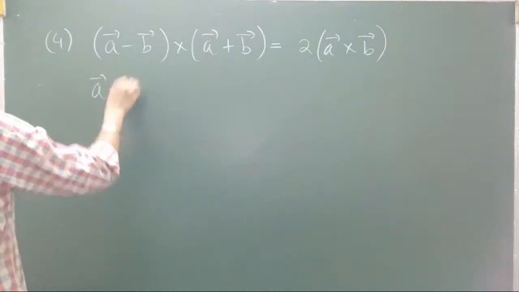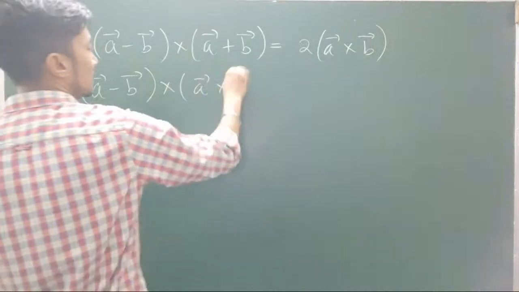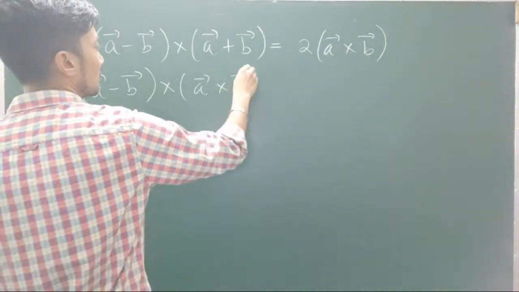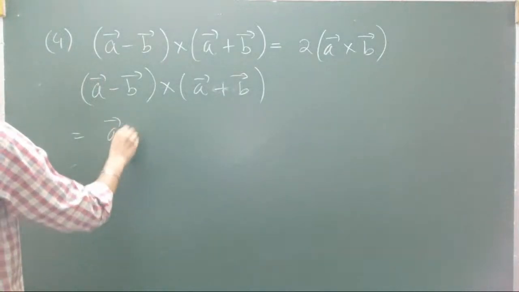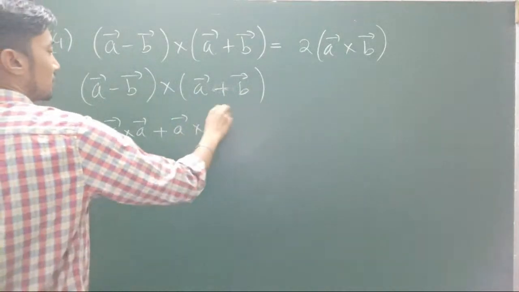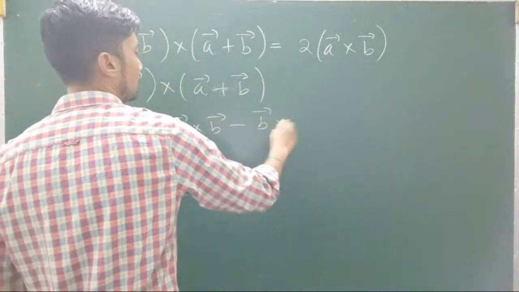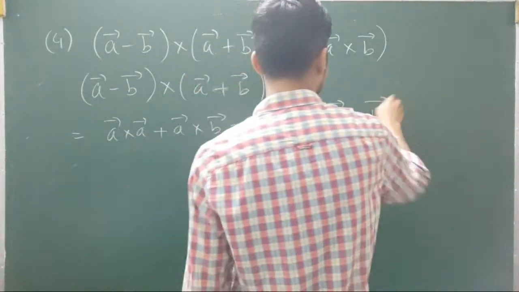A minus B cross A plus B gives A cross A plus A cross B minus B cross A minus B cross B. Careful here, you just cannot change the order.